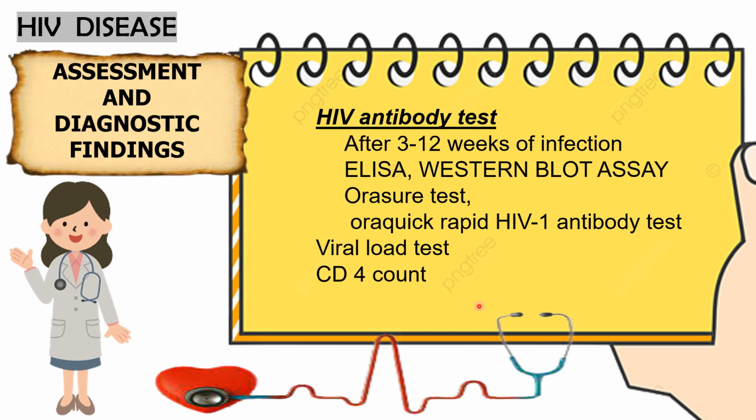Less than 200 cells per cubic millimeter of blood could be considered as stage 3 infection, AIDS. So CD4 count varies from day to day, so it is usually checked every 3 to 6 months. Again, the viral load is the amount of HIV in the sample of your blood. So there will be no normal viral load value.